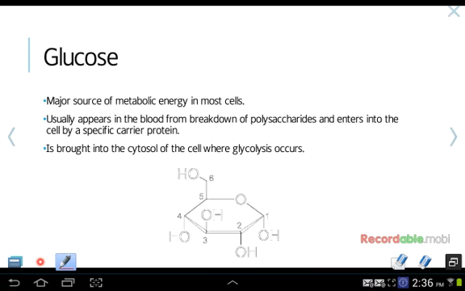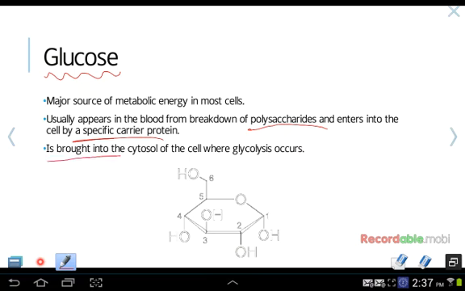So first off, glucose, which is our starting material of glycolysis. As we know, glucose is the major source of metabolic energy in most cells. It usually appears in the blood from the breakdown of polysaccharides, such as glycogen or starch, and then enters into the cell, being transported by a specific carrier protein.